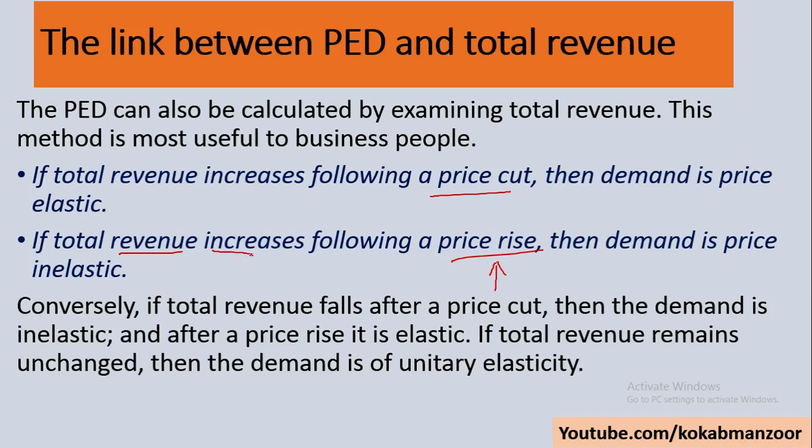Like if you are selling salt, and you keep on increasing the prices by 10%, the demand may reduce by 1% or 0.5%, right? Or if you keep on increasing the price of tea by 10, 20, 30%, the demand may reduce by 2, 3, 4, 5%, right? So ultimately your revenue increases. So this is the relationship of price elasticity of demand to revenue.